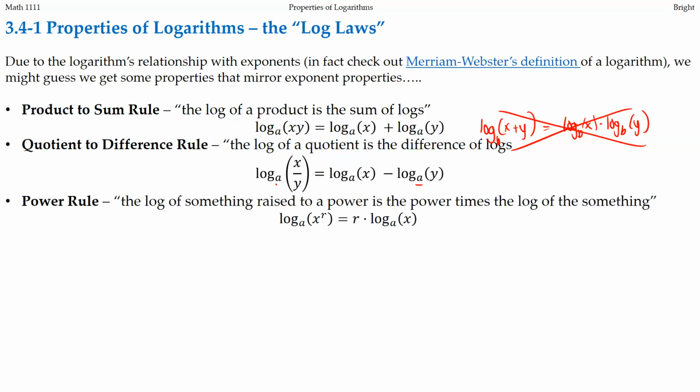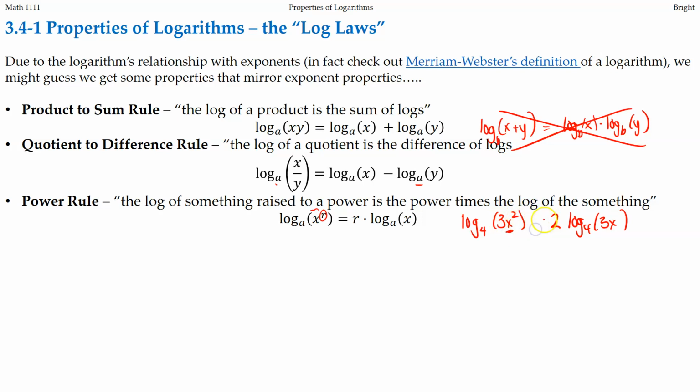Okay, so product to sum, quotient to difference, and then the last one that we're going to have is the power rule. This just says if we have an exponent inside the logarithm, so x to the r, that exponent has to come out in front. Now, just a word of caution: r is on all of the stuff inside. So for example, something like log base 4 of 3x squared is not equal to 2 log base 4 of 3x, because the 2 is only on the x, it's not on the 3 and the x.